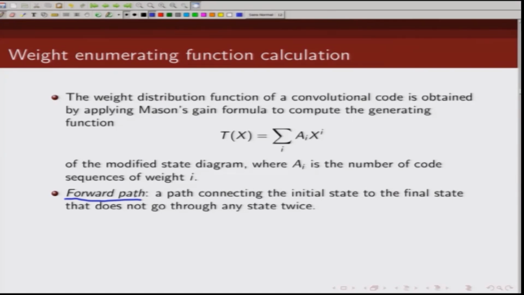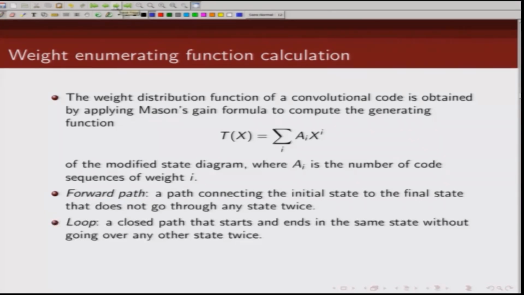The next term is a loop. A loop is a closed path that starts and ends in the same state without going over any state twice.